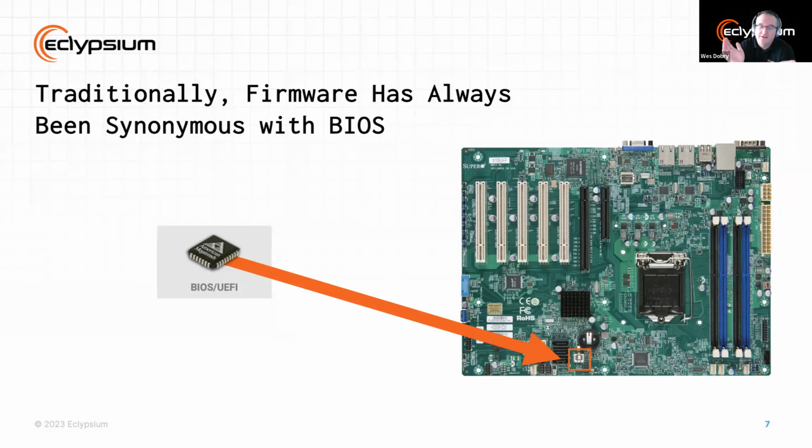And the reason why this is happening is that if we look at CISA, the Cybersecurity and Infrastructure Security Agency's, known exploited vulnerabilities reports, we see that if we take all of these vulnerabilities and put them into different categories, like is it operating system, is it web browser, is it server, or is it the firmware of a device, whether that be the switch firmware or the BIOS UEFI on a system, firmware is now the largest category of known exploited vulnerabilities out there.